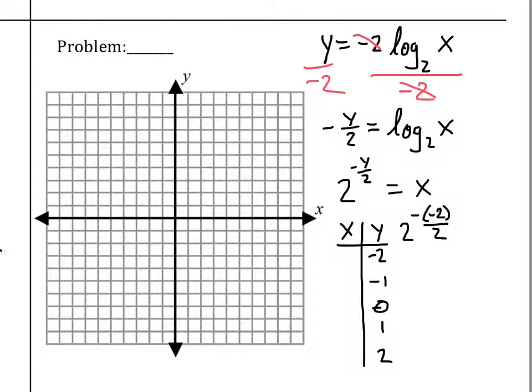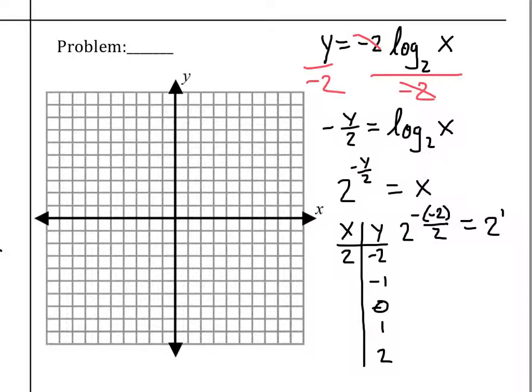So, hold on. What is negative 2? Well, first off, what's negative 2? Positive 2. And 2 divided by 2 is? So this is 2 raised, remember, that was an exponent, this is 2 raised to the first power. And what's 2 to the first? 2.